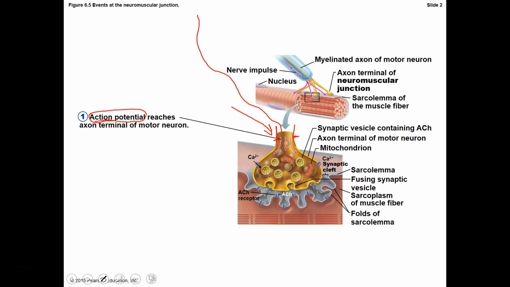But once it reaches down here at this point, this stimulation causes these calcium channels to open up. They open up and allow calcium to rush in to the end of this neuron. And the presence of calcium in the end of this neuron causes this neuron to release this acetylcholine.